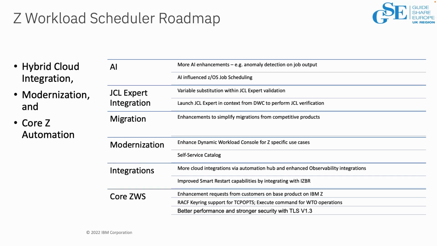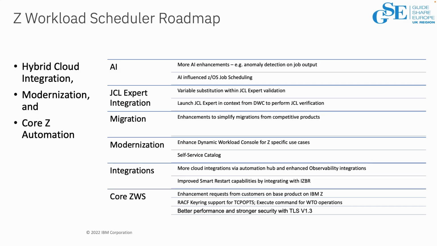In particular, as you will see as the last topic of this presentation, we are also working on AI influences on job scheduling. Then we are planning to integrate with the JCL Expert tool. We will do that through the dynamic workload console and also through our ISPF panels.